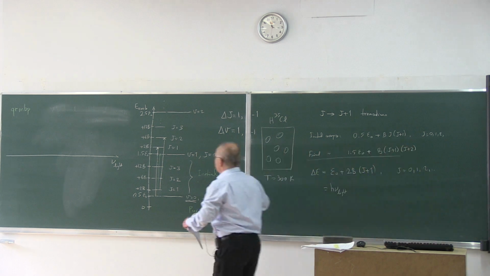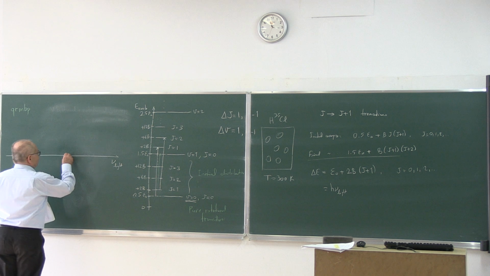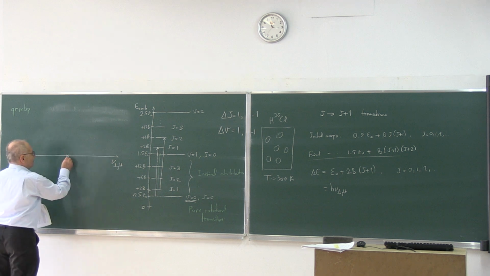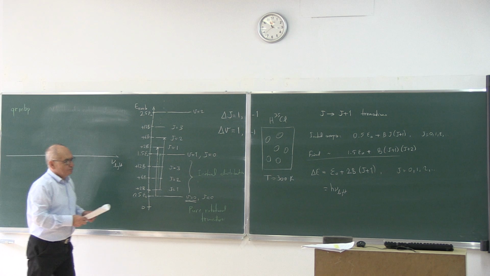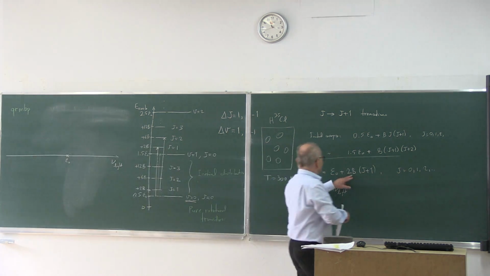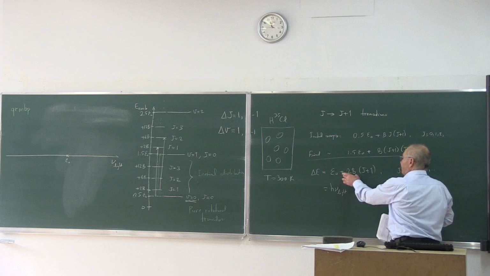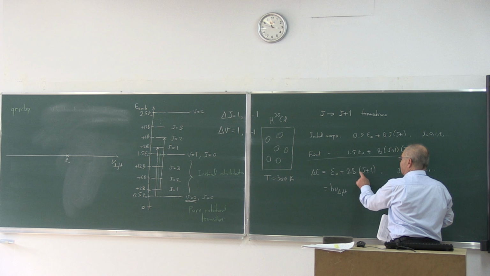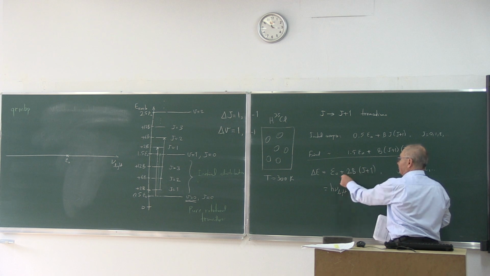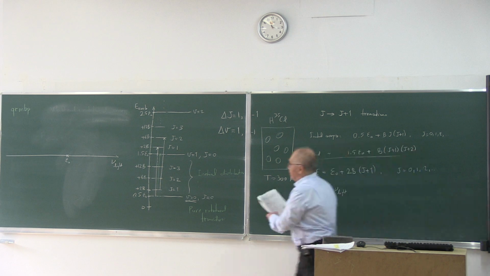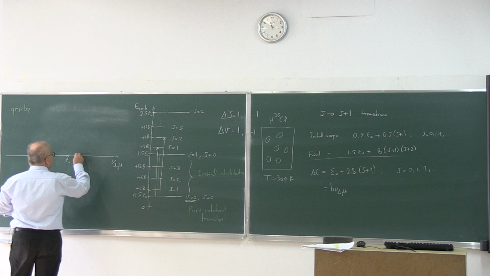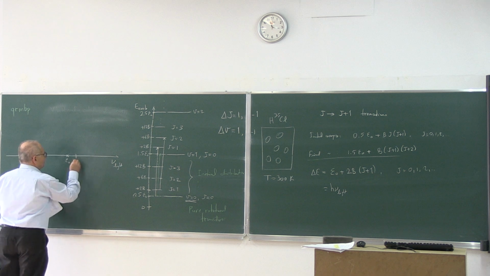Now, if this is on the scale F0, according to this expression, the smallest delta E will be with J equals 0, so the smallest value for delta E is F0 plus 2B. So here I will write plus 2B.